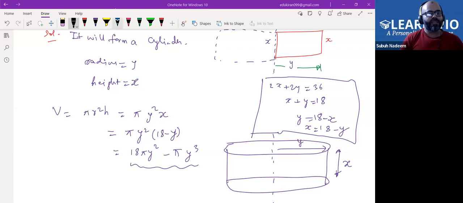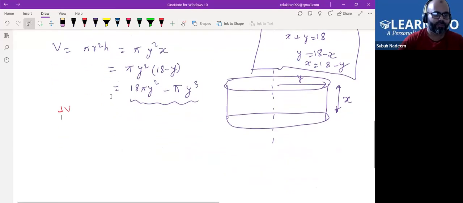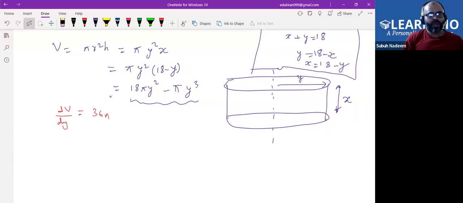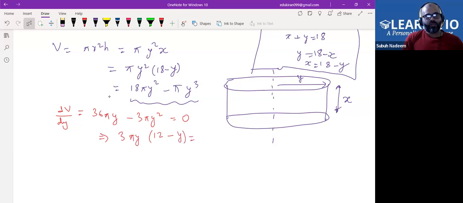Yeah, what's the status? When you differentiate the volume with respect to y, what we get is 36 pi y minus 3 pi y square equal to 0. Isn't it so? Now 3 pi y is common, so 12 minus y equals 0.